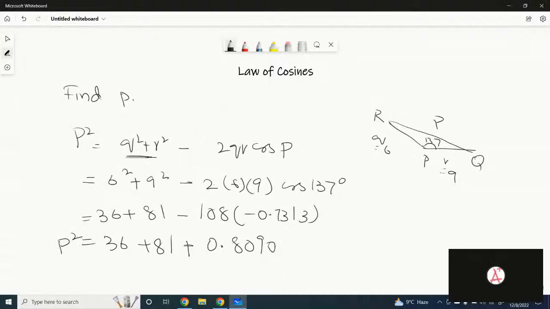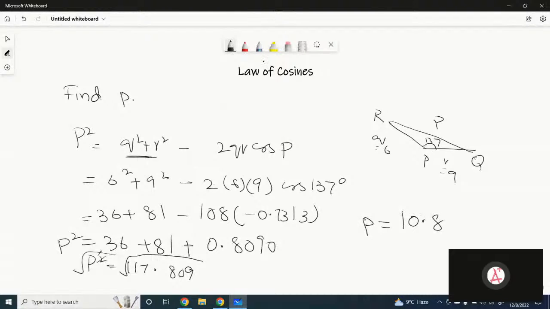Add them: P square equals 117.809. Just calculate the square root of both sides. Because the square and square root cancel out, P equals square root of 117.809. It would be 10.8.